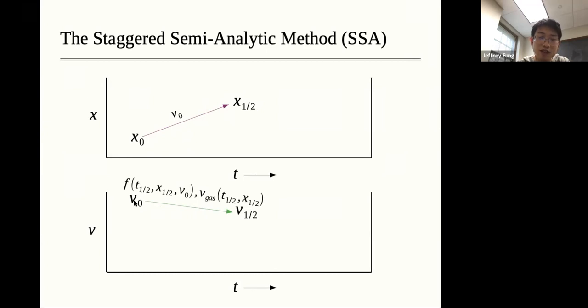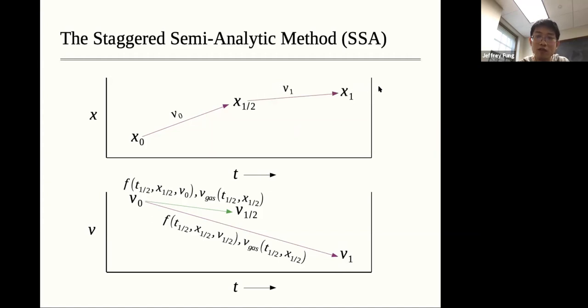So this is a staggered step, and compute the forces, computing the gas velocity, and push it to a mid-time step. Then you take that speed, recompute your forces, and push it all the way through to the end of the step. And then finally take that speed and evolve your position to the end of the step.